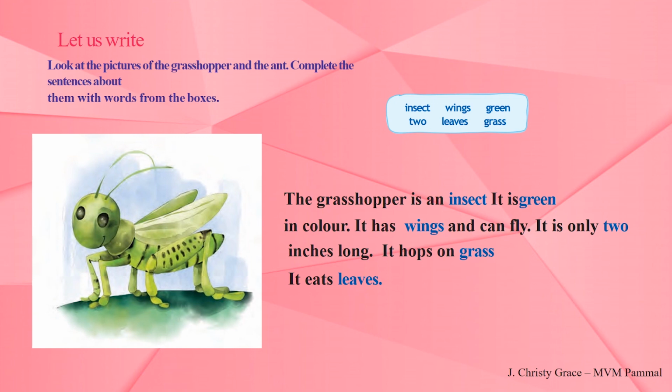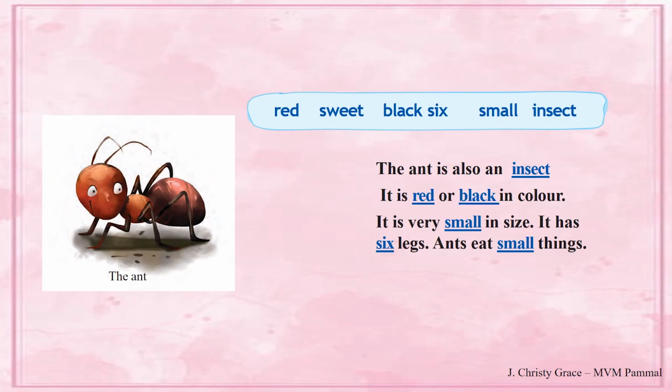Now let's move on to the next. Yes, the ant. And also they have given some keywords in the box. Okay, now we are going to complete these sentences. The ant is also an, yes, also an insect. And it is red or black in color. Clear?